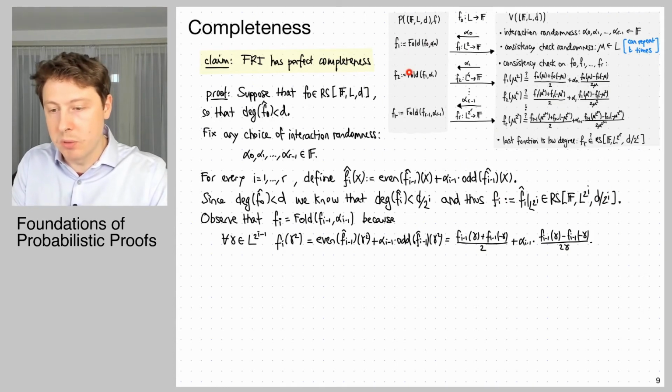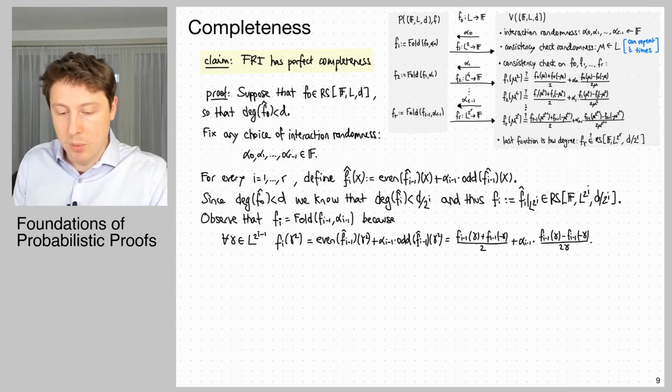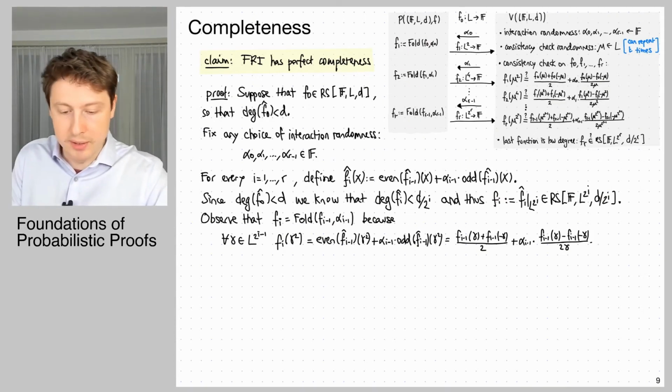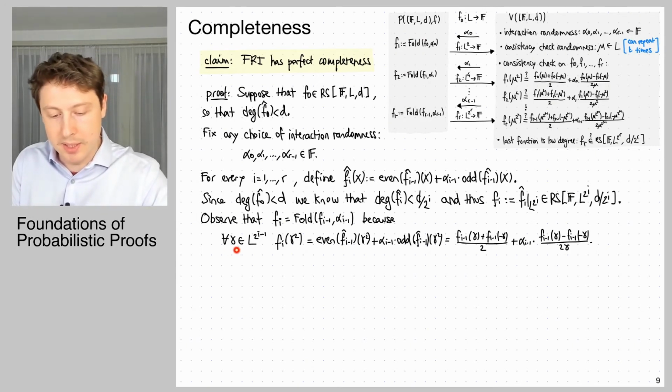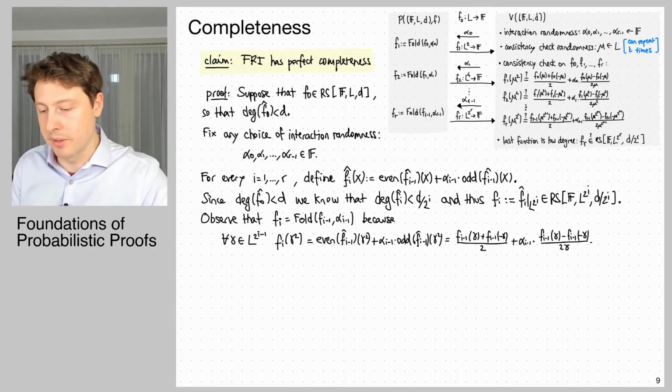Because this is what the honest prover does. Why? Because we already checked this, right? So if you give me some element and I evaluate the next function at the square, by construction, this one was the evaluation of this polynomial. But the contributions of the odd and even parts are precisely given by these expressions, okay?